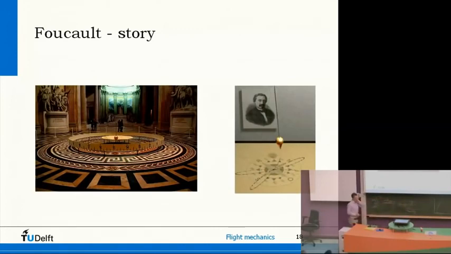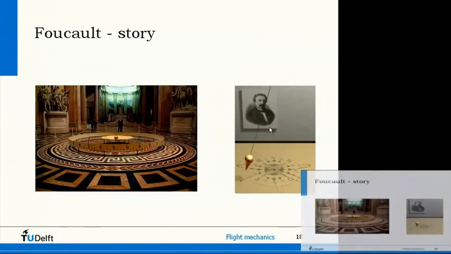If you ever go to Paris, there's this museum, and they have a really big pendulum. Now, the pendulum is actually located over here, so it's a big ball, and the cable is very long, so it doesn't fit in the picture.